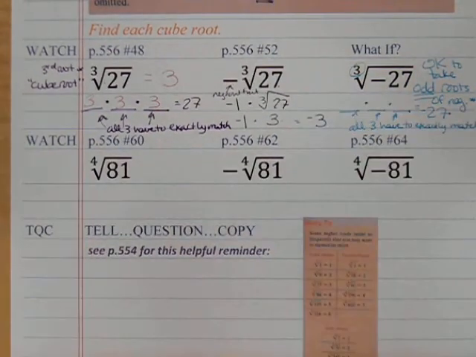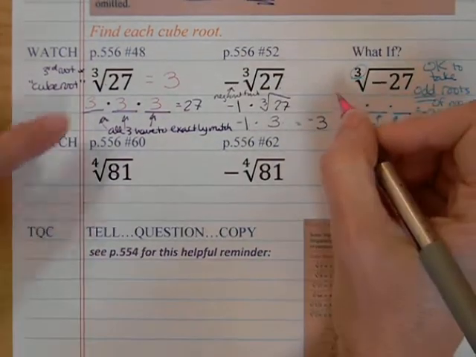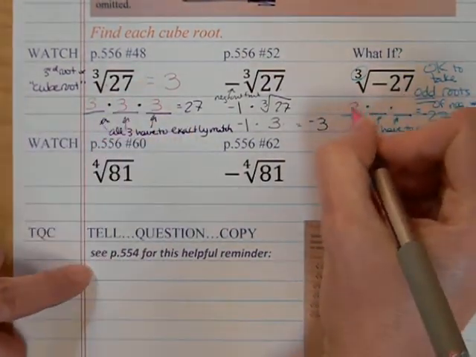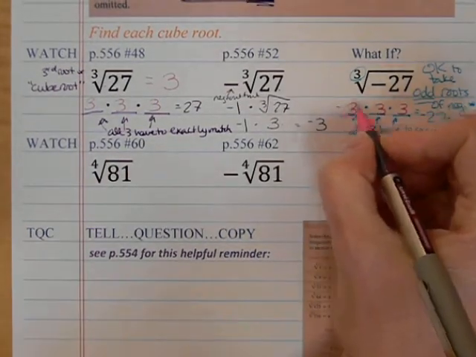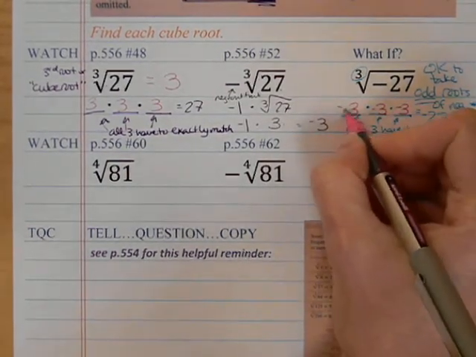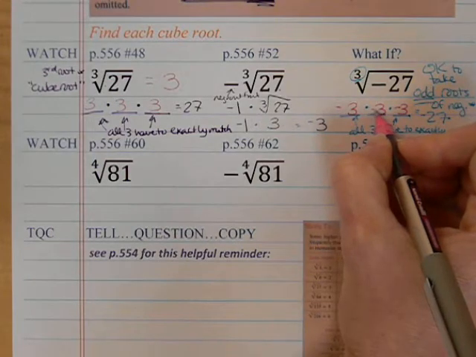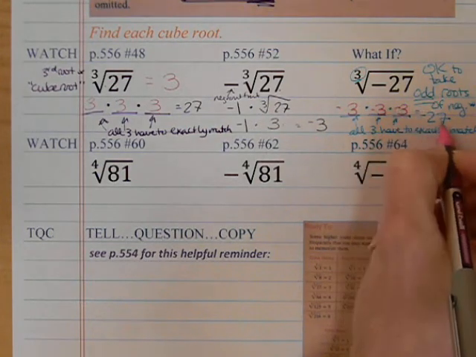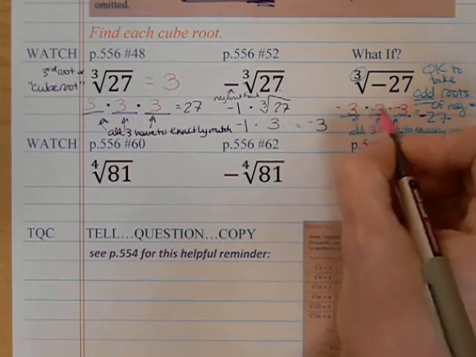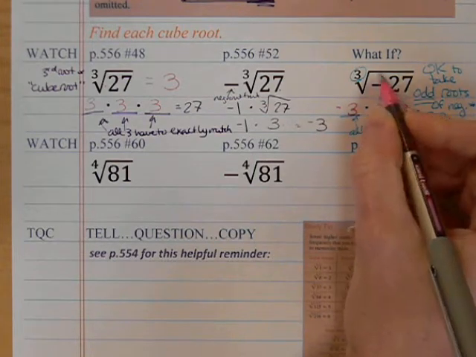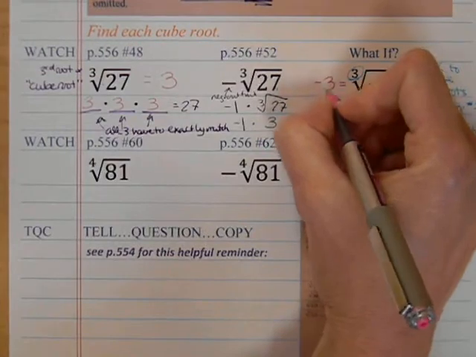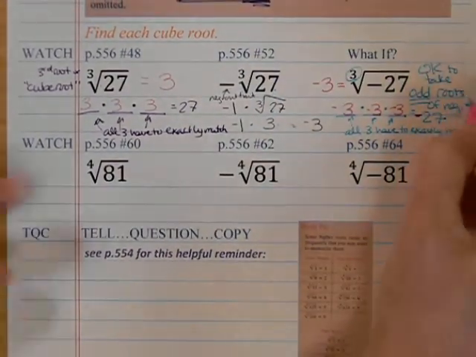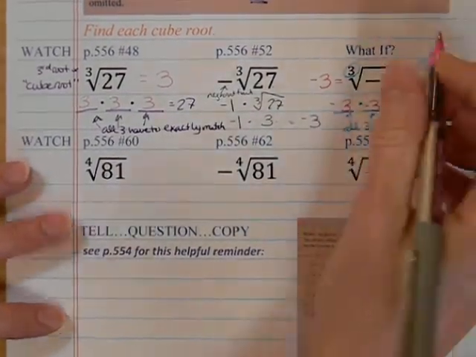And hopefully you're catching on that it would be a 3 involved because that's how we get to 27, multiplying a 3 times itself 3 times. If you make all of these negative, negative times a negative is positive, times another negative is going to be negative. So negative 3 is your cube root of negative 27. So this answer is negative 3. And sorry, I kind of ran out of room there, but our answer here is negative 3.